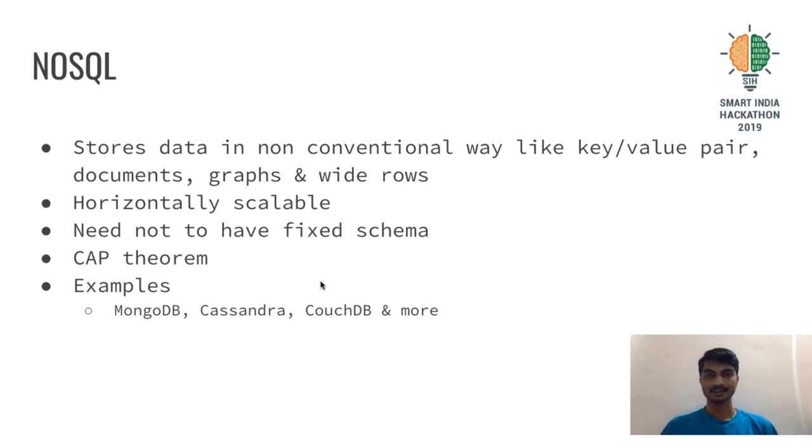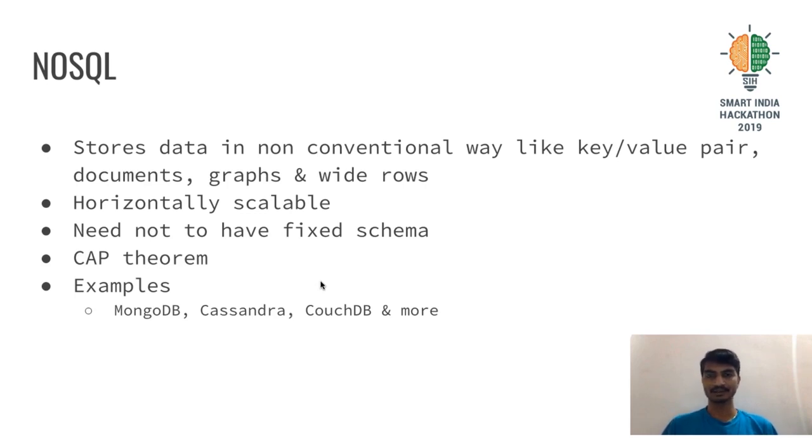Another thing is that most RDBMS databases are CA based, meaning in the CAP theorem we have consistency, availability, and partition tolerance. All the RDBMS databases are consistent and available; they are CA based databases. But in NoSQL databases, I can configure what I want to have.